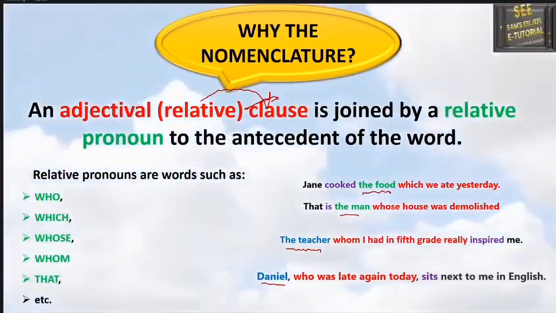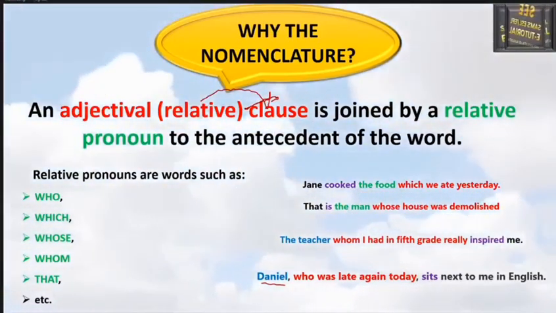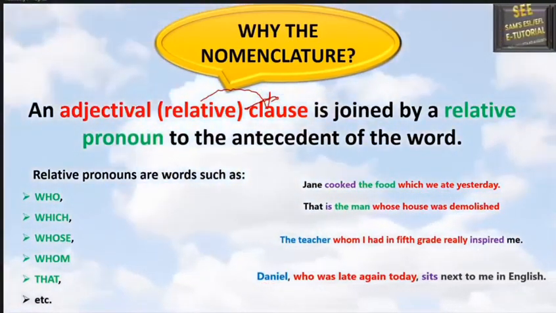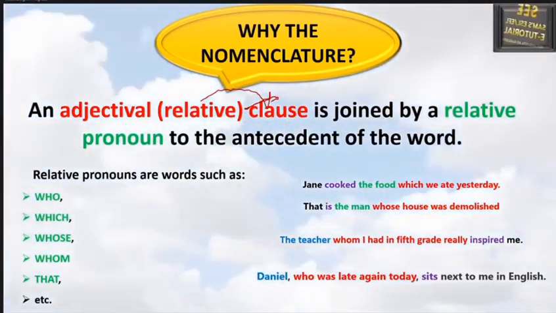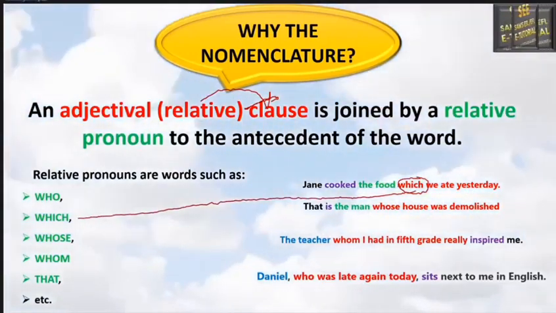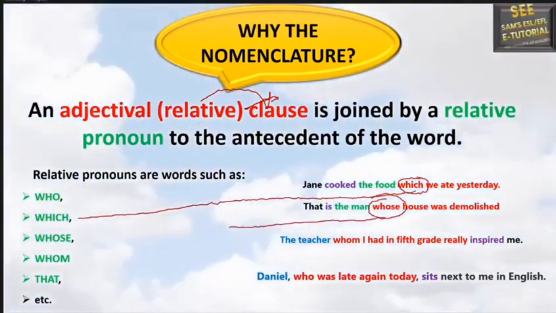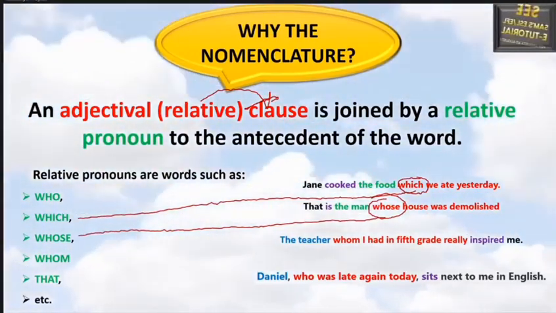Again, it is important to note that we refer to them as relative clauses because they begin with relative pronouns. Take a look at the relative pronouns there. Which, can you see which as a relative pronoun? This is whose, also a relative pronoun.